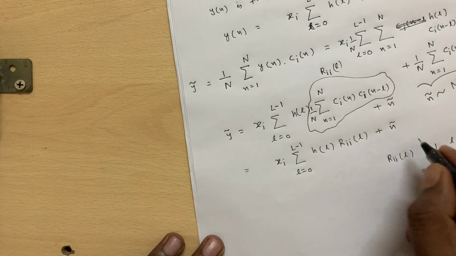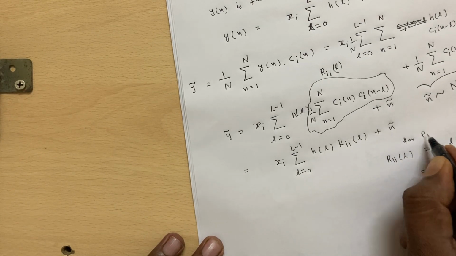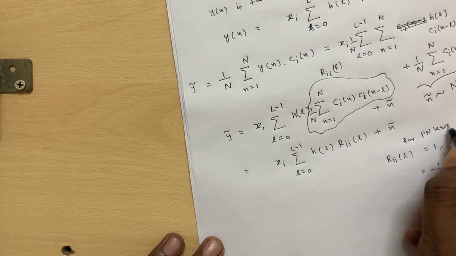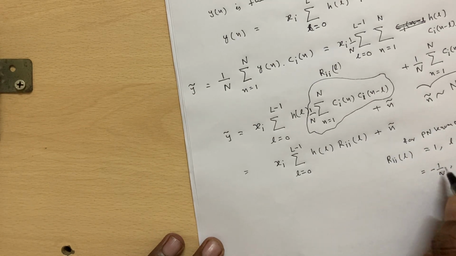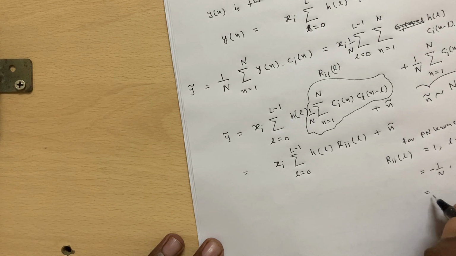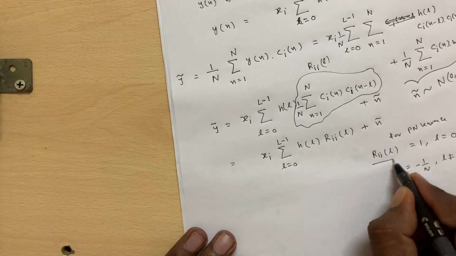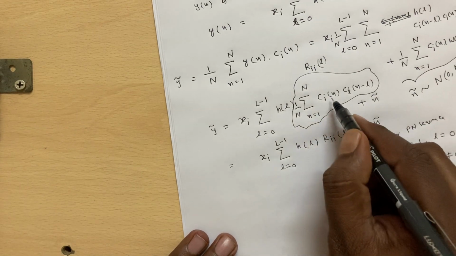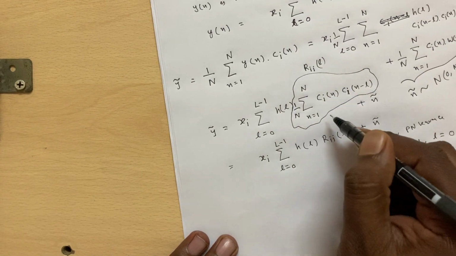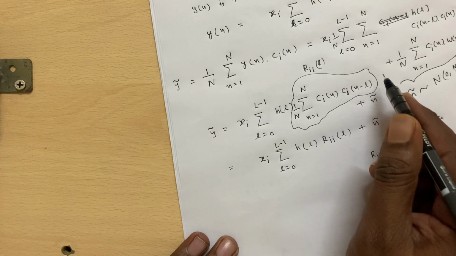So for PN sequences, as N is large, you can take this value as near 0. What we mean here is that if you multiply with another code and take the dot product, it will be 0 for the other codes.